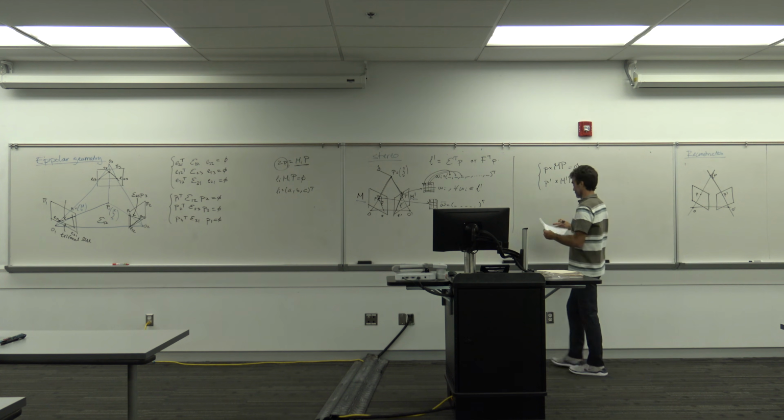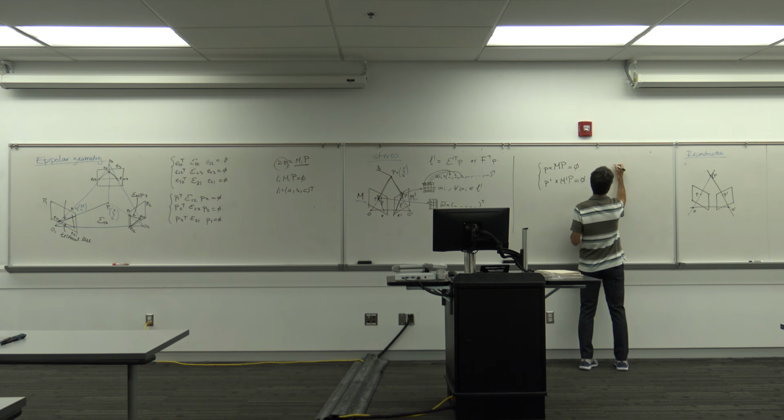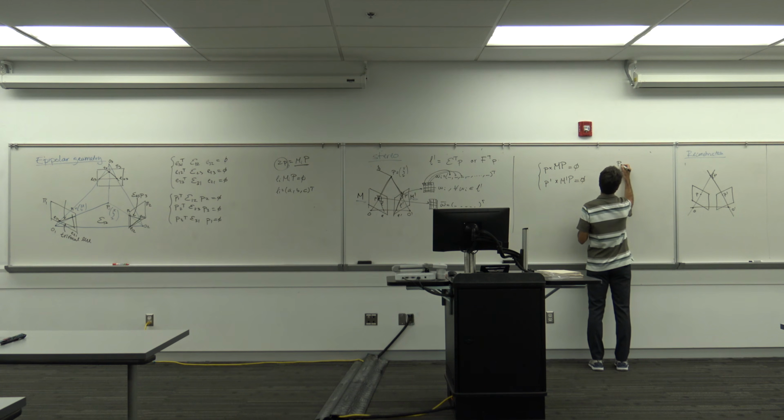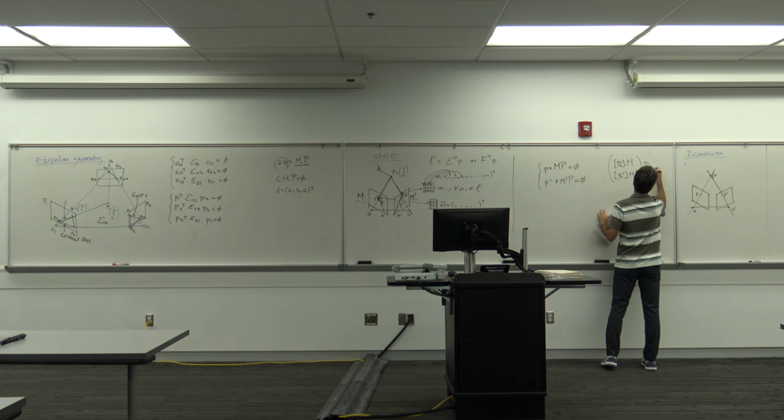All right. So this is what I should expect if they intersected. This would be 0. Let's write this in matrix form, because we always like to write things in matrix form. I can write this as P sub x times M and Px prime times M prime, times P equals 0, right?